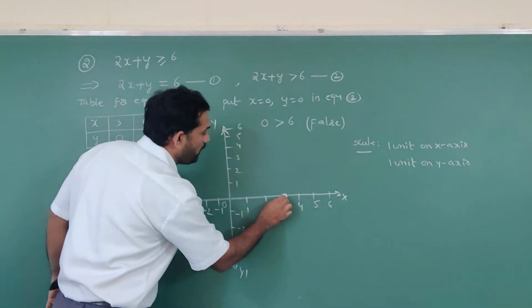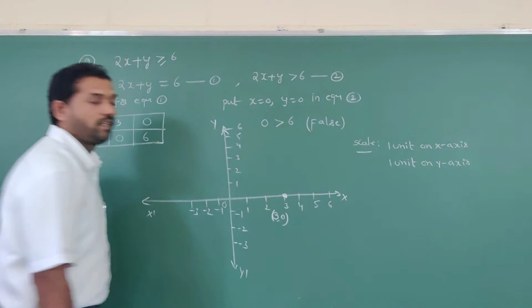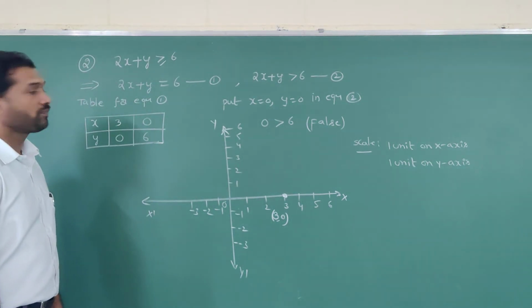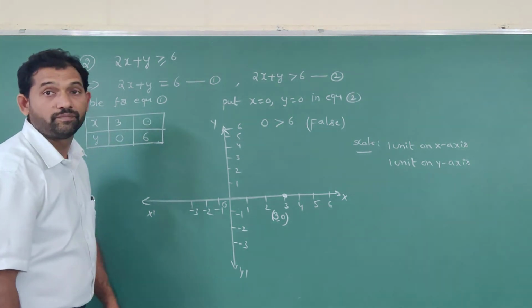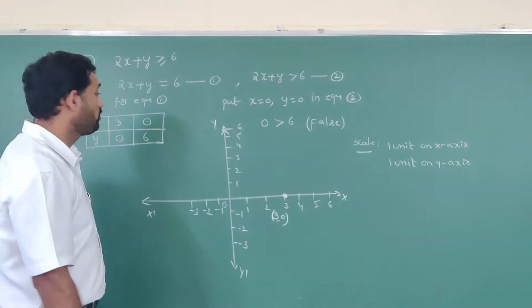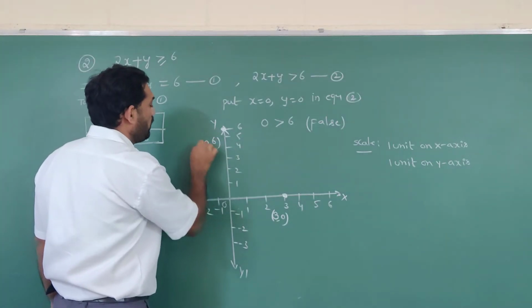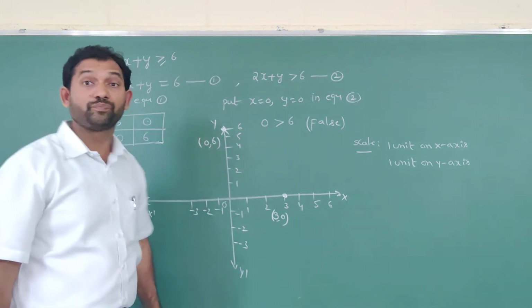X equal to 3 means this one, so this is 3 comma 0. Next one is x equal to 0, y is equal to 6, which means the point is here, 0 comma 6. Join these 2 points.